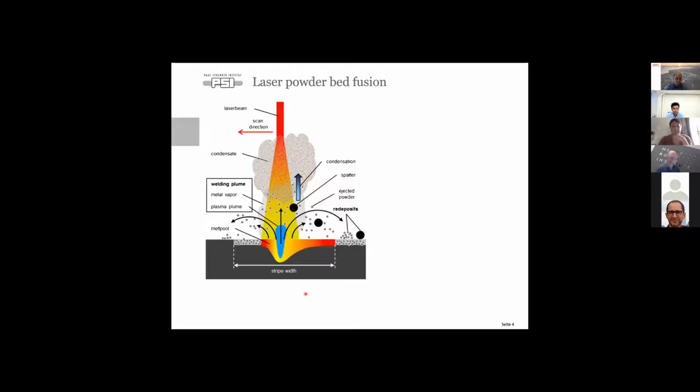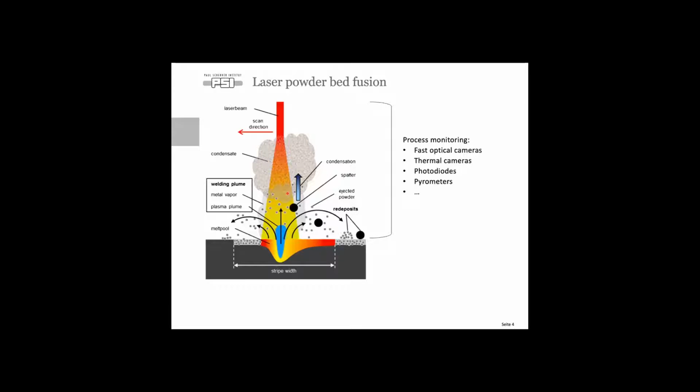Now everything that happens here at the top above our powder bed can easily be monitored using process monitoring sensors like fast optical cameras, thermal cameras, photodiodes, and so on. These are typically available in commercial devices. But we are interested in what is happening here at the bottom, below in our powder bed.